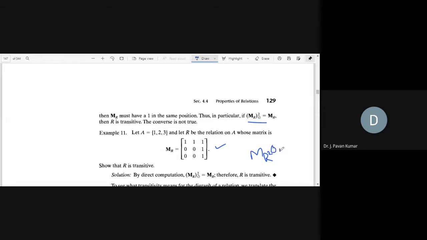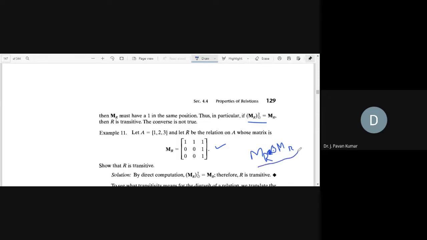MR dot product MR, that is MR squared. Just like matrix multiplication, but if one is matched to another one, then we will have a corresponding one. Because this matrix representation of the relation contains only ones and zeros, in the resultant also we will have only ones and zeros.